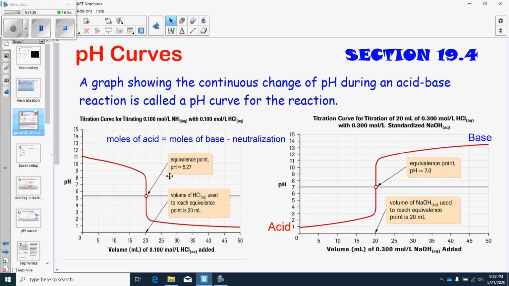Some people have the misconception that it's the volume of acid equals the volume of base, and that is incorrect. It's not the volume that's equal. It's the moles of acid and the moles of base that are equal. So stoichiometric, 1-to-1 ratio. That's what happens at this point.